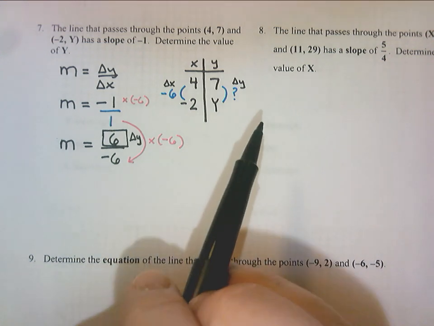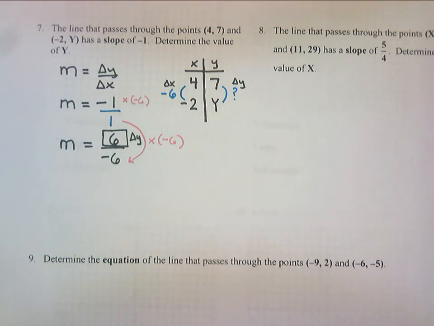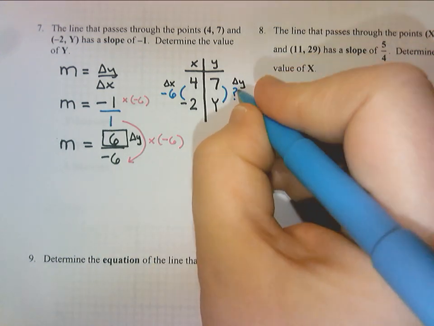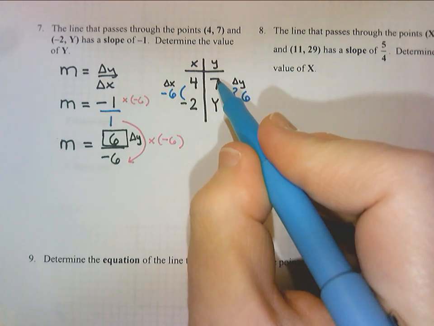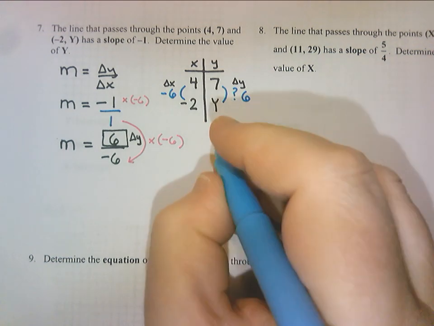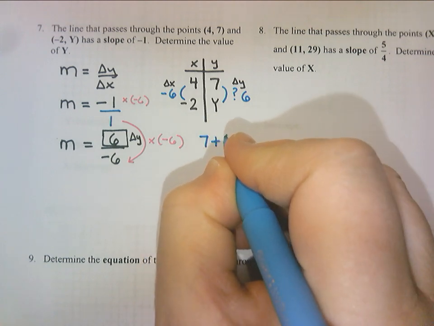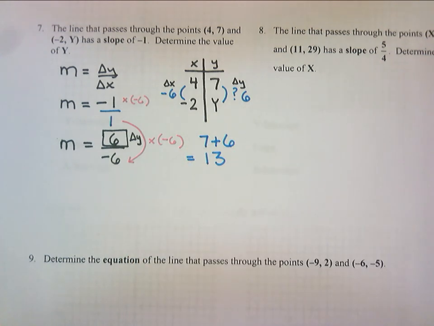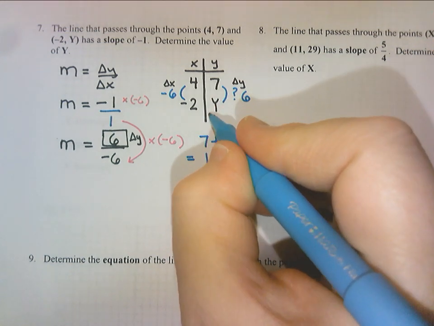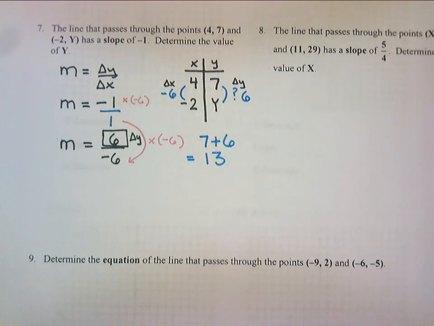So I can come back over here and say, I now know that my delta y is 6. So what is 7 plus 6? 7 plus 6 is 13, which tells me that my missing value of y is going to be 13.